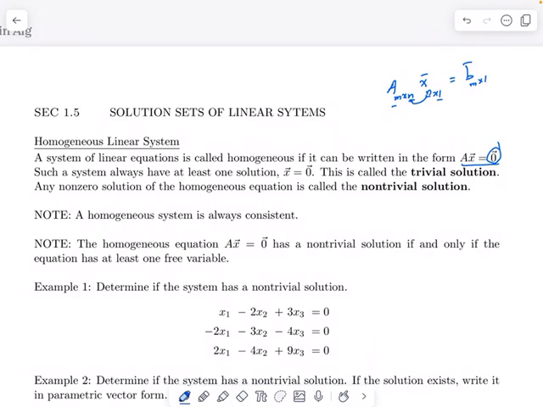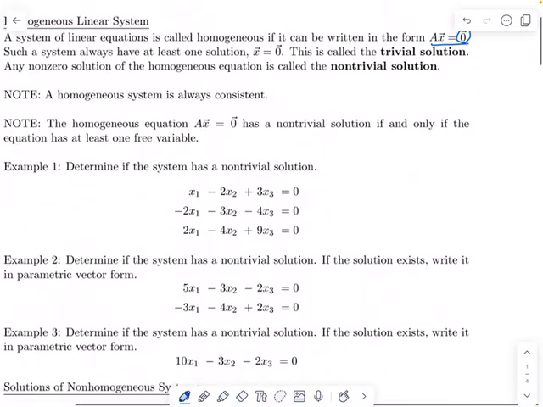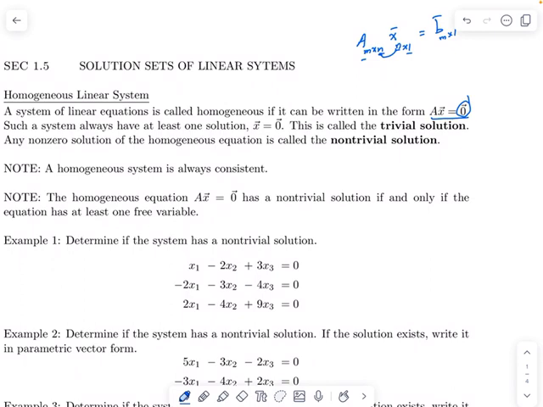So in this type of system of equations, where the right hand side is all 0, such a system always has a solution x equal to 0, and this is called the trivial solution. This is obviously a solution, and so it's called a trivial solution.